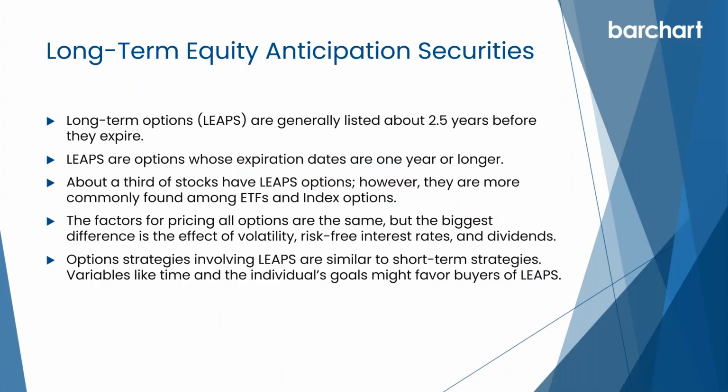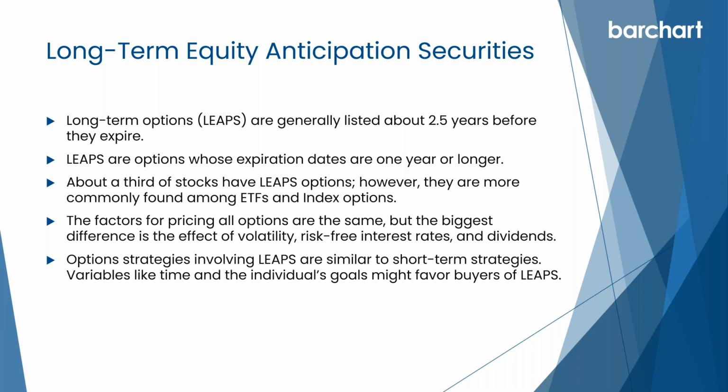So when it comes down to option strategies, we're making this distinction between LEAPS and short-term option strategies, but the strategies are all basically the same. When we think about option strategies, it really comes down to how those options are priced. If they're fairly priced or we're in a low IV environment, then you're probably going to lean towards option strategies where you want to buy options.